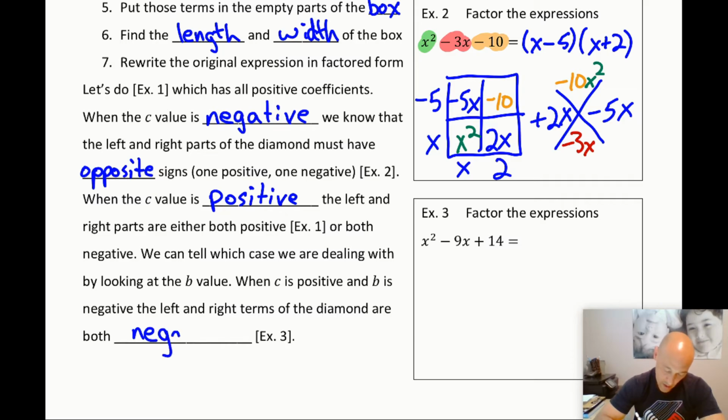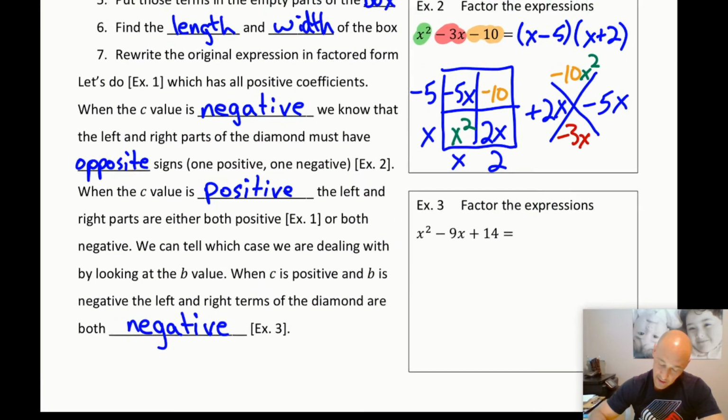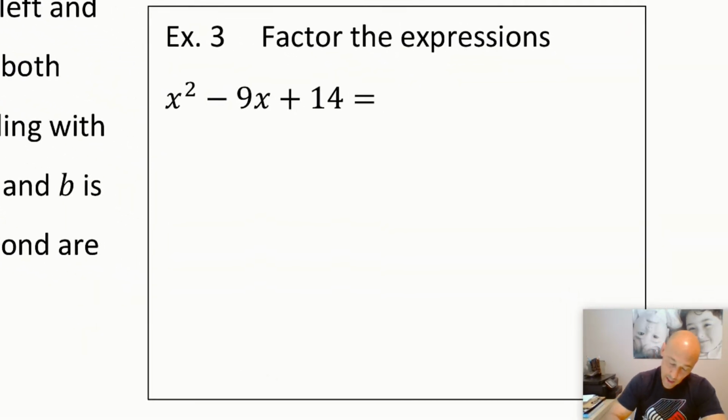All right, so in the first example, let's go up and have a look. C was positive and B was also positive. So these are both positive. In this example, we're going to have a situation where C is positive but B is negative. All right?